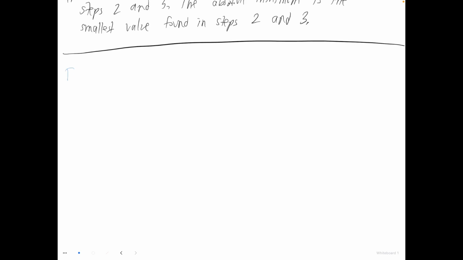And so the first example we're going to look at is the following. We want to find the absolute max and min of f of x equals x cubed minus 3x squared plus 1 on the interval -1/2 to 4.